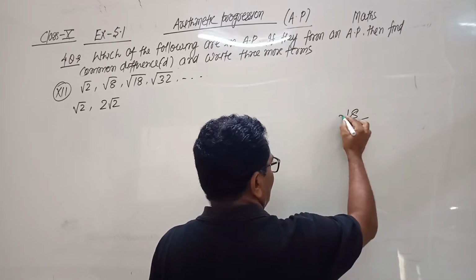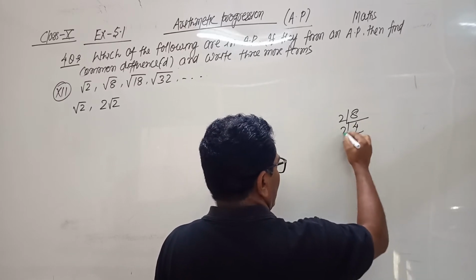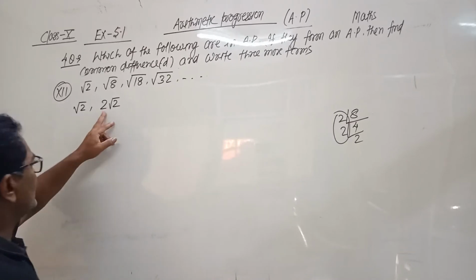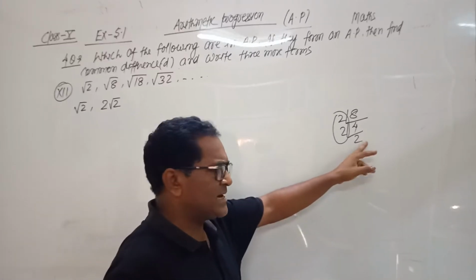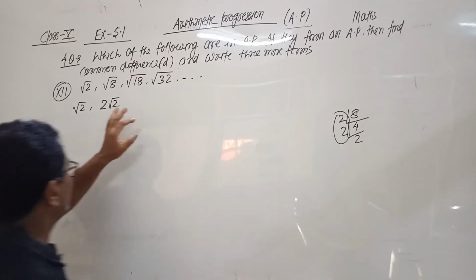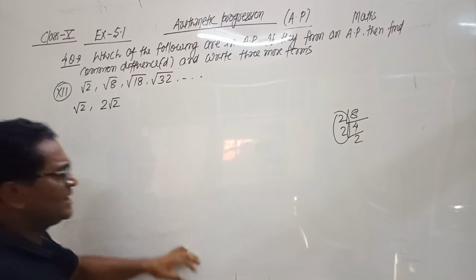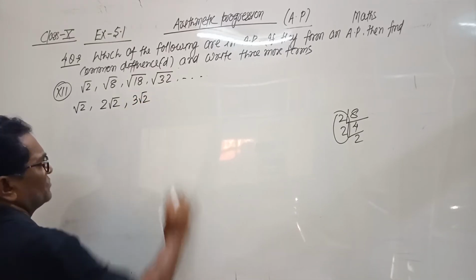So we make its factors. Factors of 8: it goes by 4, again it goes by 2. So for 2 times 2, 1 times 2 would be written. And the remaining 1 times 2 would be written in a square root. 2 root 2.